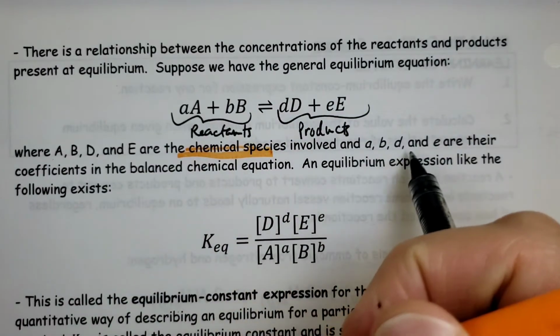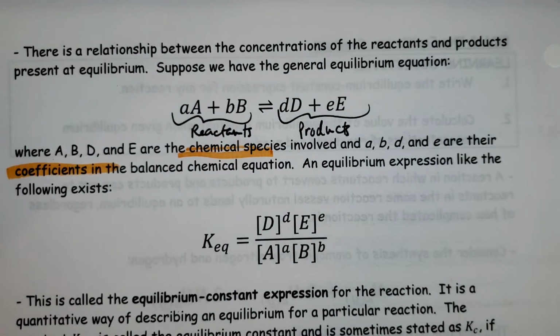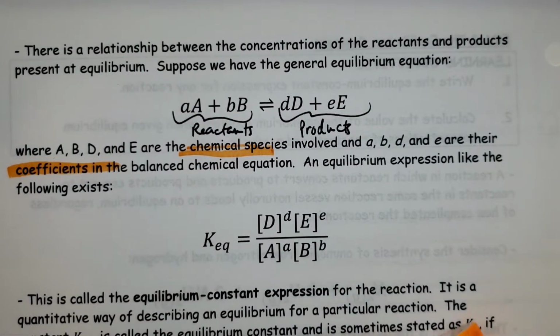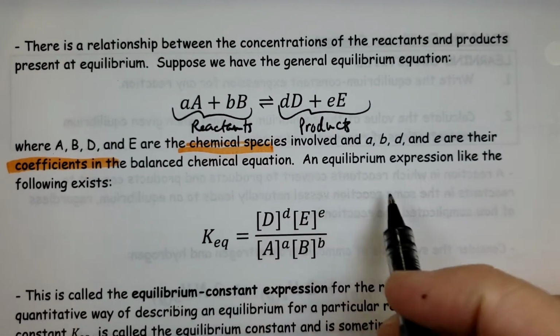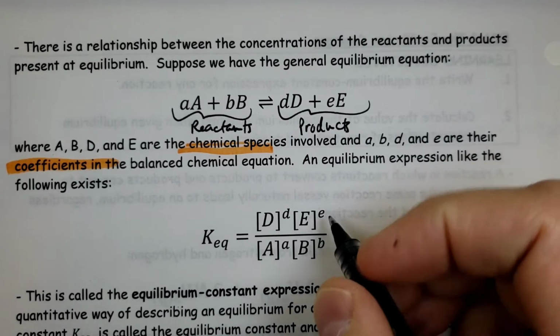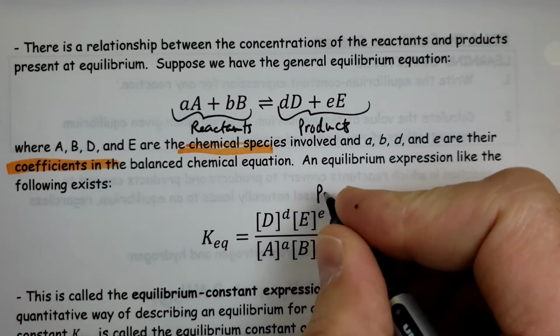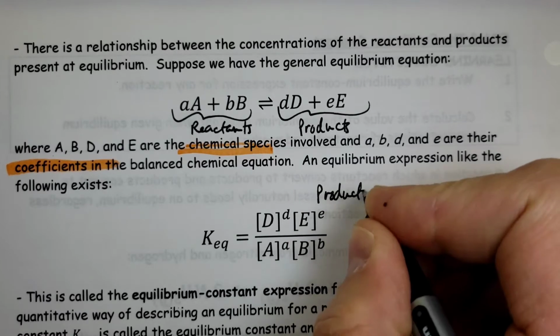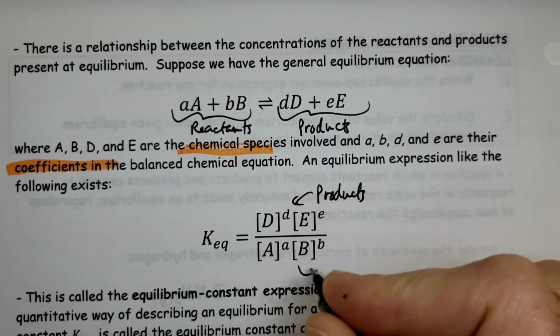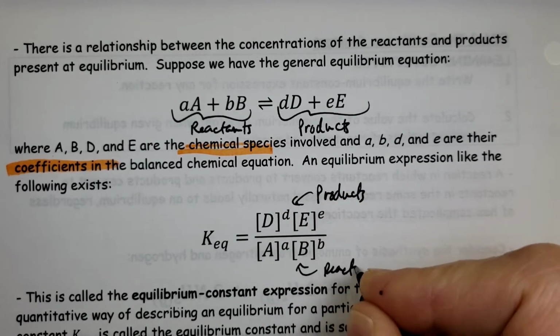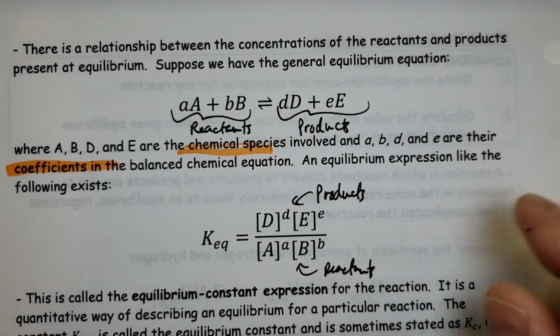And little a, little b, little d represent how many. They're the coefficients in the equation. So what we're doing here is calculating products to reactants. And really what we're doing is figuring out the probability.